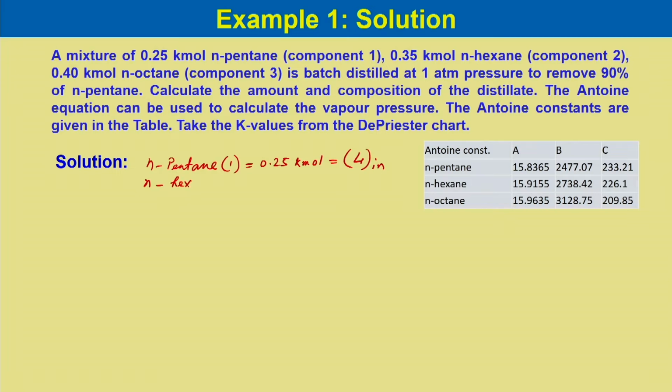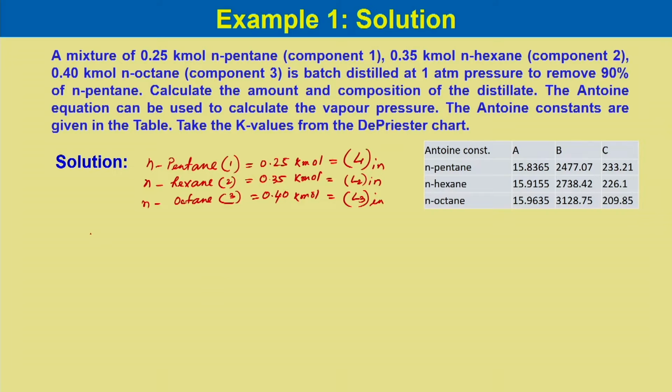N-hexane, component 2, as 0.35 kilomole and call as L2 in, and n-octane, which is component 3 and having composition 0.40 kilomole, which is L3 in.